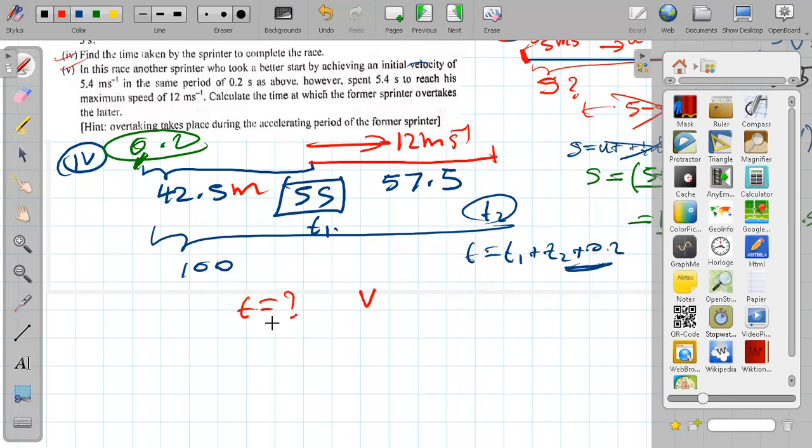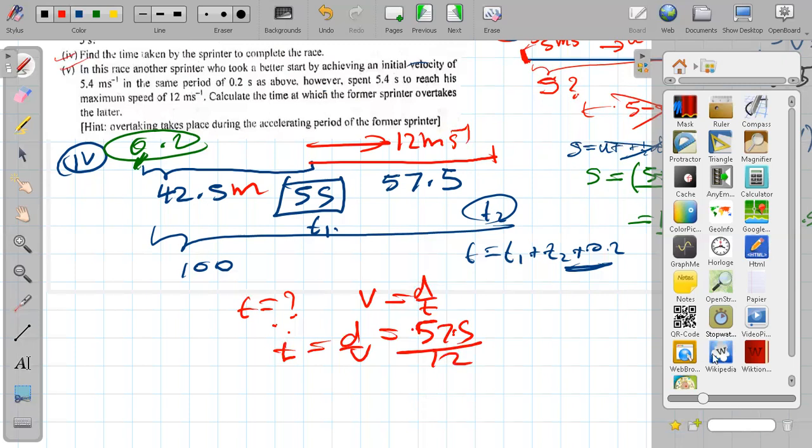So displacement over time. So the time equals displacement over velocity. So the displacement is 57.5 divided by 12.